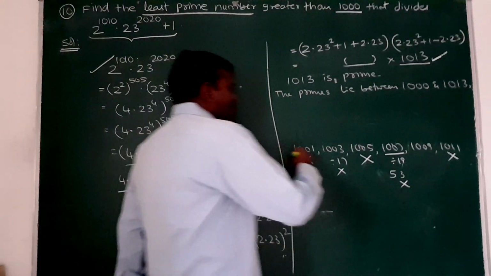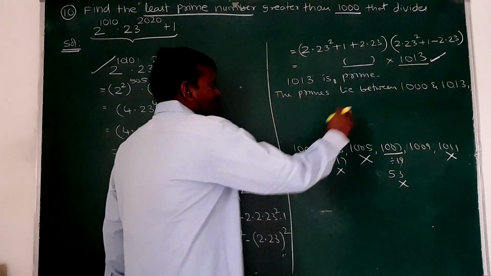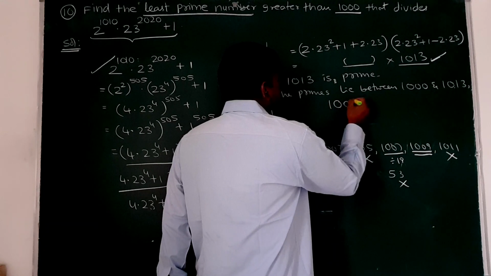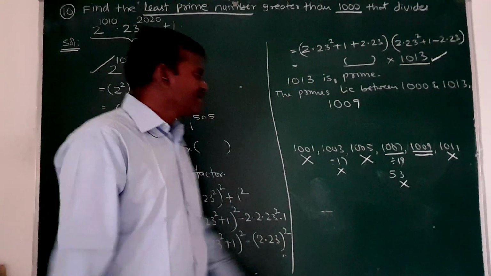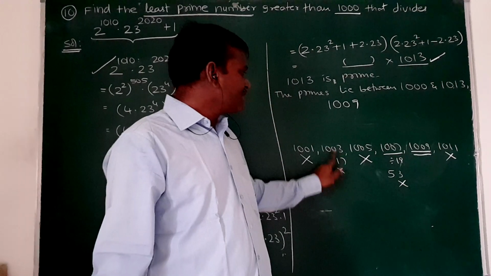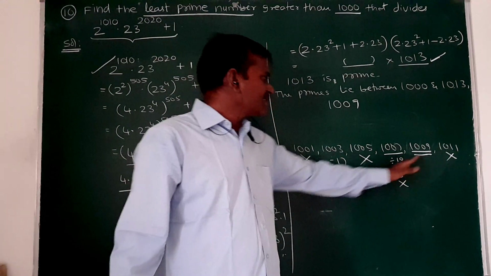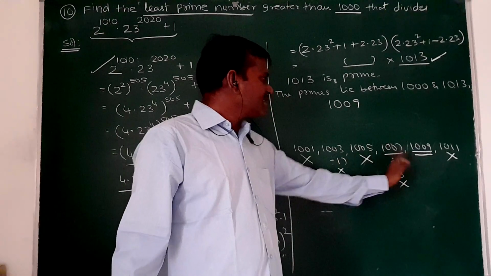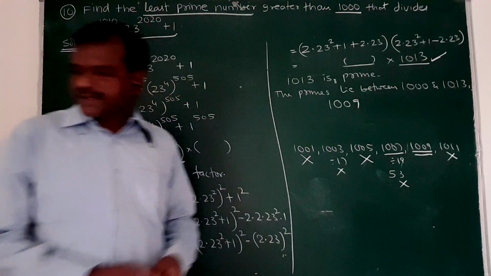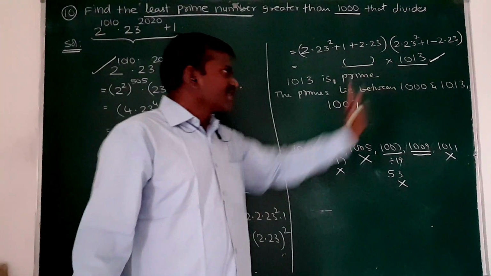So all the numbers between 1000 and 1013 are not primes, but only 1009 is a prime number. That is the prime number here. 1009 is a prime number, because 1007 is already divisible by 17 and 19, so 1009 is not divisible by 17 and 19. So only 1009 is the prime number between 1000 and 1013.